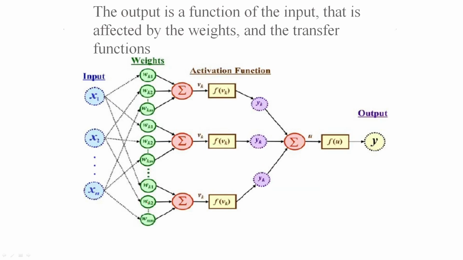So, you see here: input, weights, activation functions, and then you get outputs. Finally, they are summed over to provide you FU. FU is your step number 3, and this is step number 4, this is step number 3, this is step number 2, and this is step number 1.